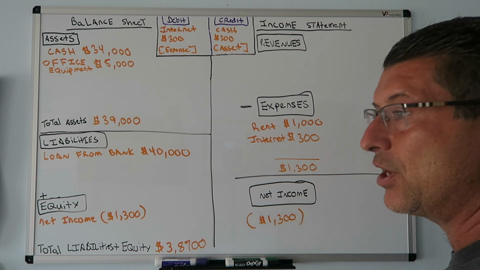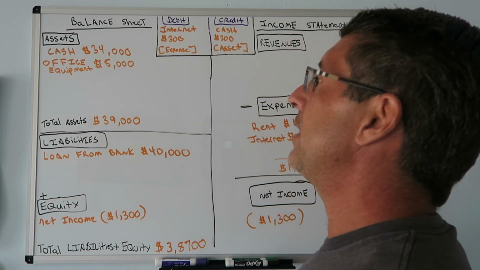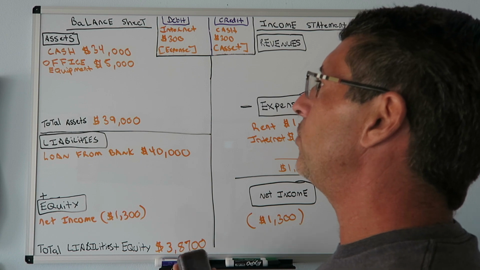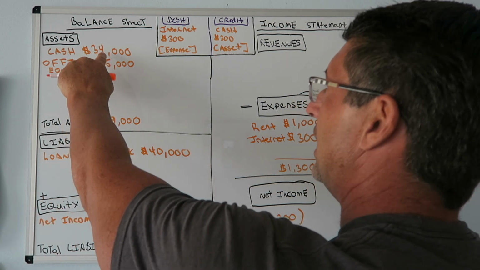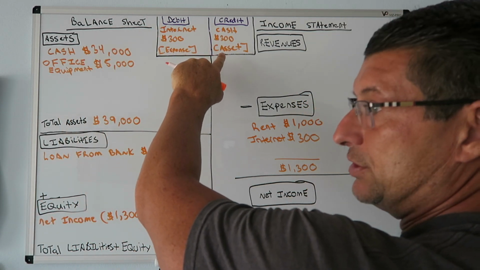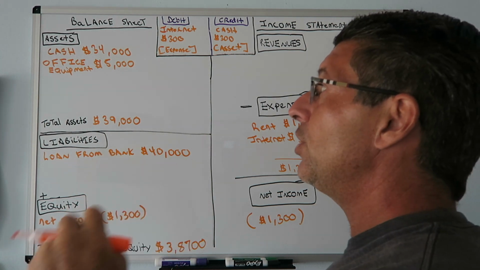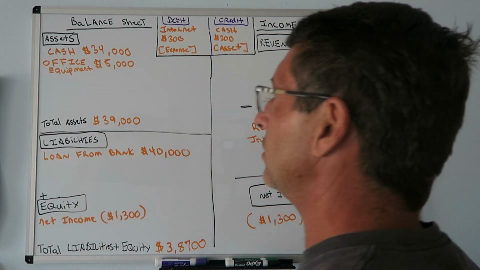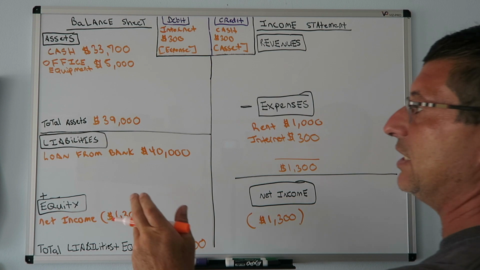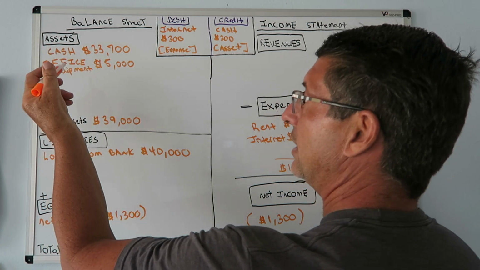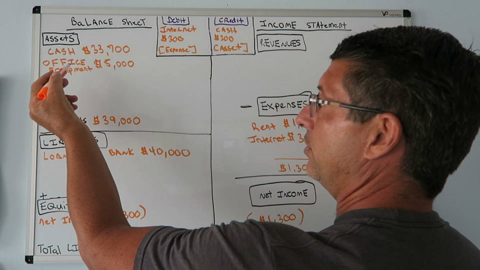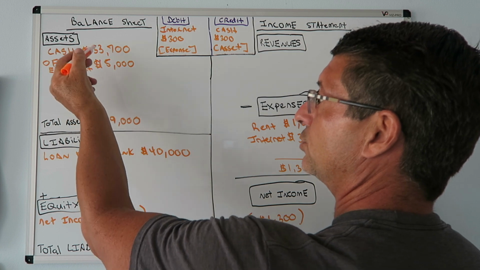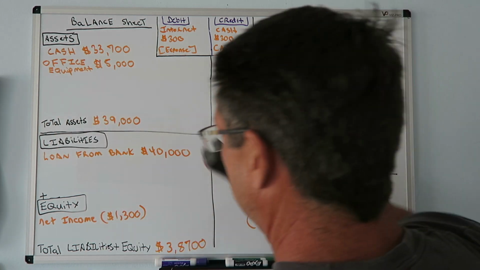Now we got to put in our cash. Cash was leaving our business. That's why we credited, but we had $34,000 cash minus $300 cash, so we have $33,700. So what's our total assets now? Our total assets is cash $33,700 plus office equipment $5,000, $38,700.